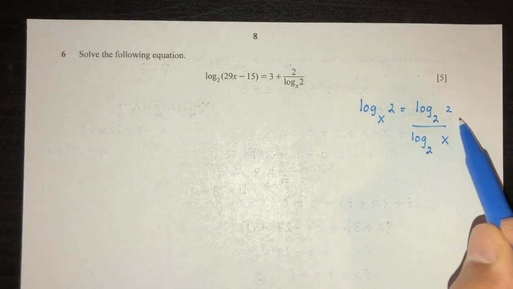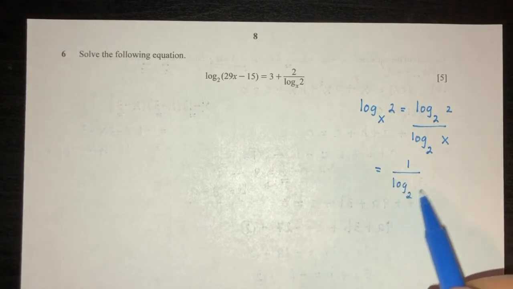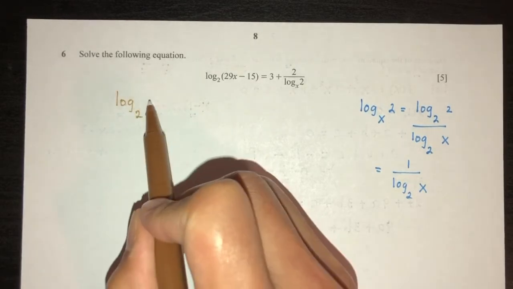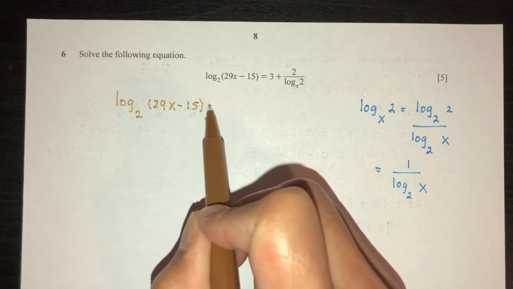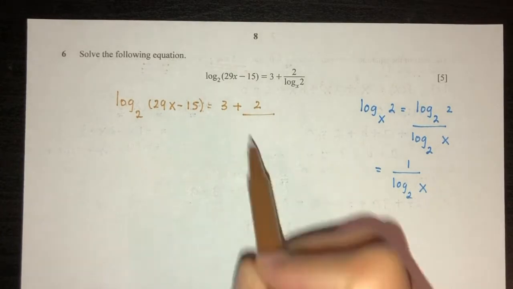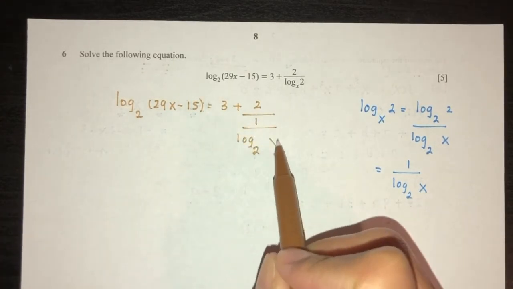So this is 1. You have 1 over log base 2 of x. So basically you will have something like this. Right now you have log base 2 of (9x minus 15) is equal to 3 plus 2 over 1 over log base 2 of x.